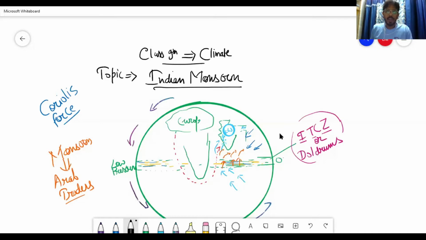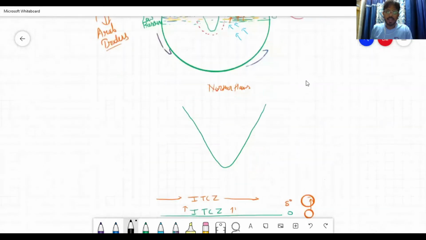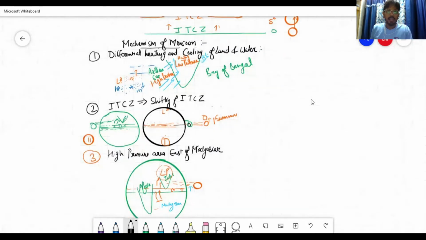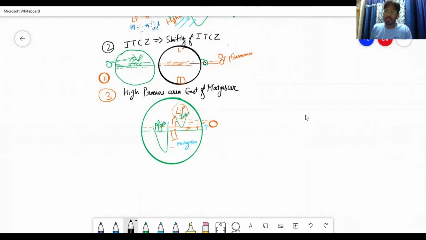And as we have already started the mechanism of monsoon, we have done differential heating and cooling of land and water, shifting of ITCZ, third high pressure area east of Madagascar. Then the fourth one is what?